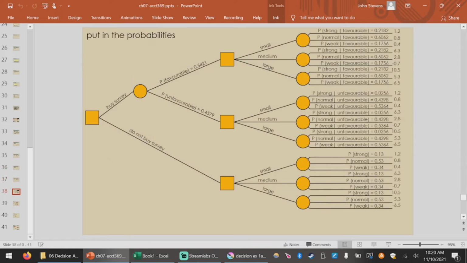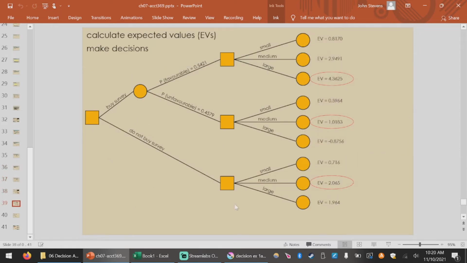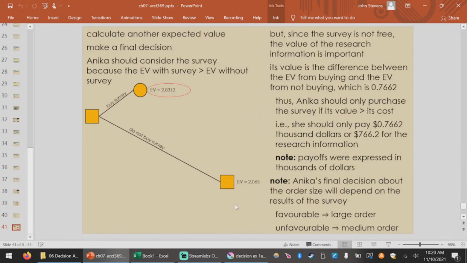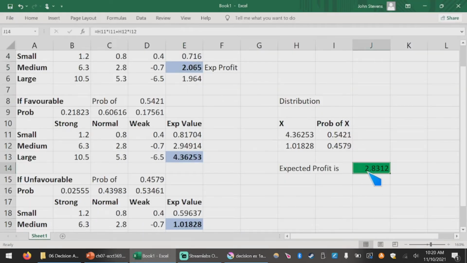I'm looking for the final answer here. Look at all these calculations. We are already done by the time you do this. 2.8312. Oh, look at that. It's exactly the same. I just took a different path where I understood in more of a broken up stepwise procedure what I was truly doing here.